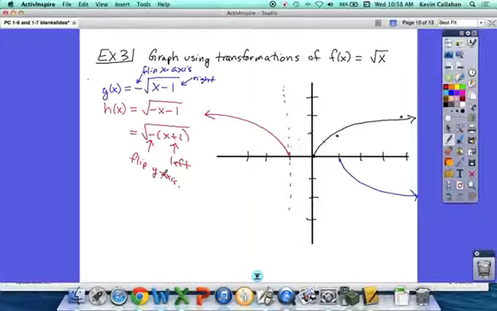Is it really flipping across the y-axis or is it flipping in that direction? They still call that in the book, they're still calling that a reflection in the y-axis. Right? So we've got our rigid transformations and we've got our reflections.